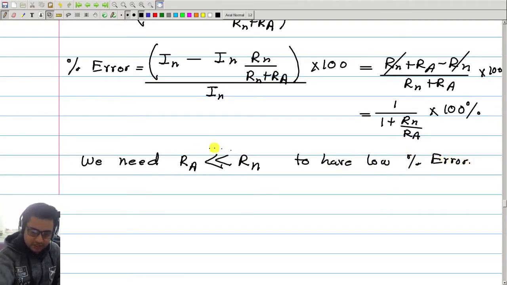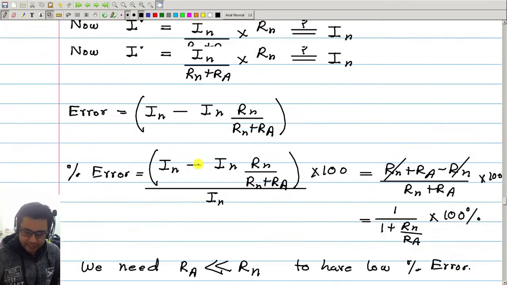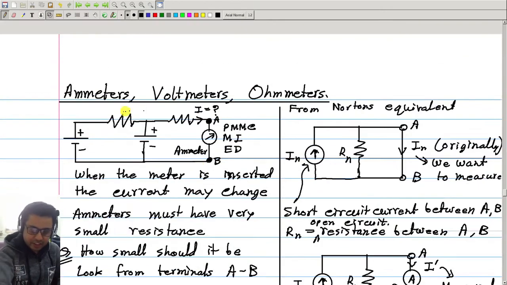So this gives a better quantitative assessment of how small the resistance of an ammeter should be, and the answer is it should be much smaller than the resistance of the circuit that we are measuring, as seen from the terminals where we are inserting the ammeter.